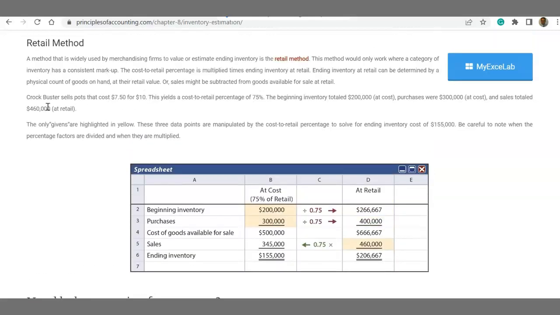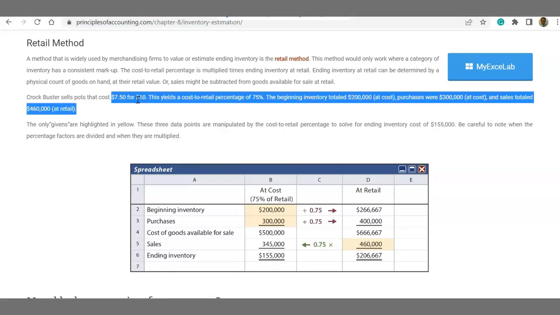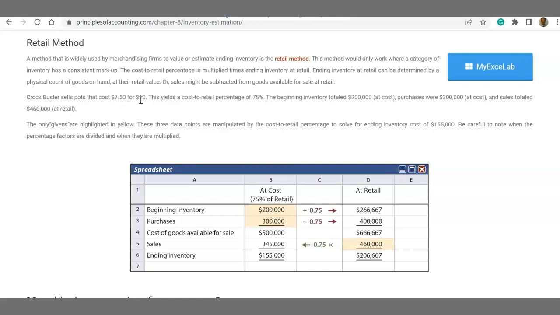So here, if I read it, the company sells poles that cost $7.50 for $10. So the cost is $7.50, but you are selling for $10, right? So $7.50 out of 10, that's 75%. This yields a cost to retail percentage of 75%. That means whatever your retail is, the cost is 75% of that amount.